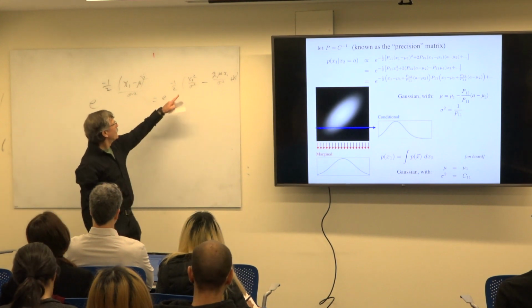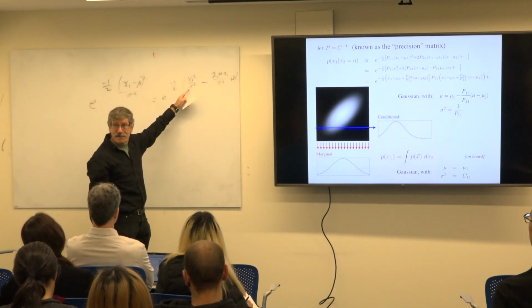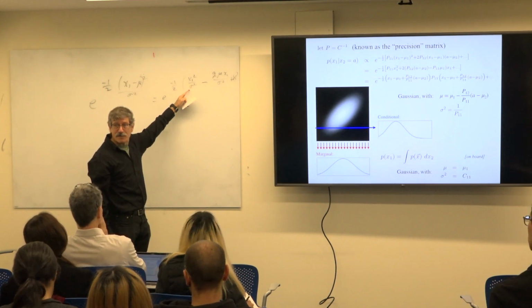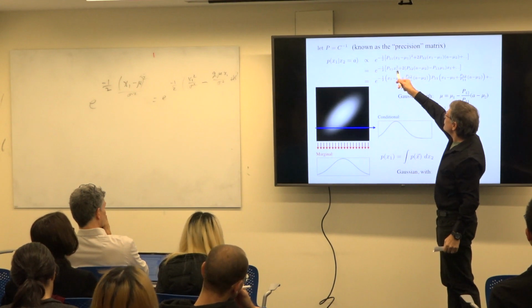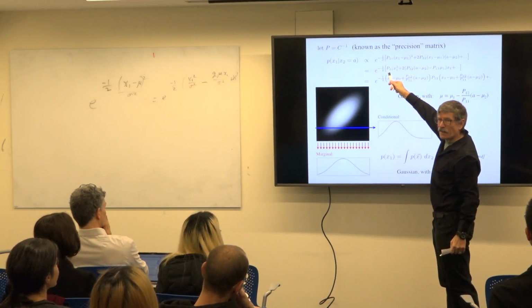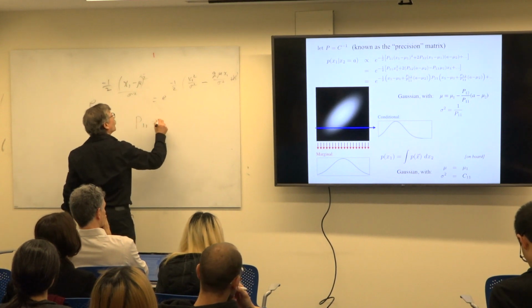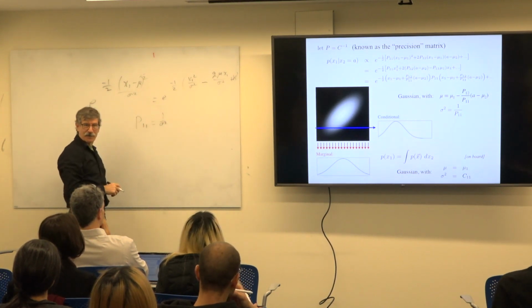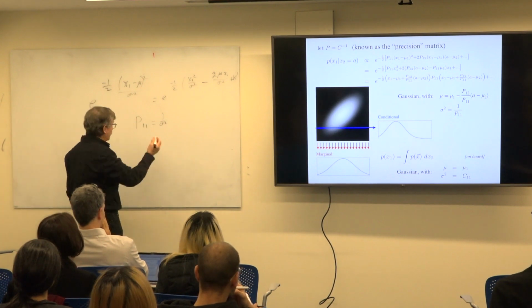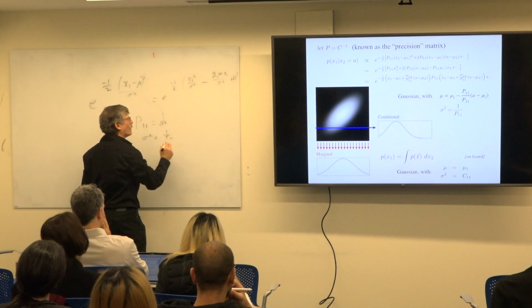Which means, if I have a polynomial e to the minus 1/2 x1 squared times a constant, that constant is 1 over sigma squared. Right over here, we have e to the minus 1/2, there's the x1 squared, it's times p11. Which means we immediately know that p11 equals 1 over sigma squared, because that's what x1 squared gets multiplied by, which means we know that sigma squared is 1 over P11. Okay.